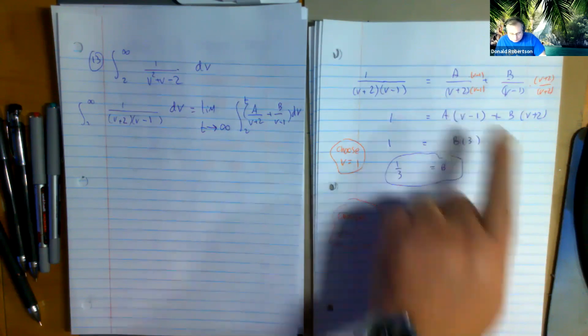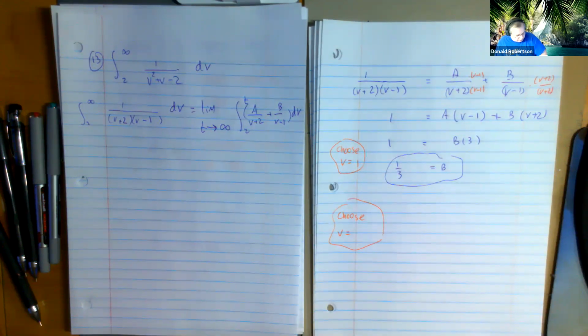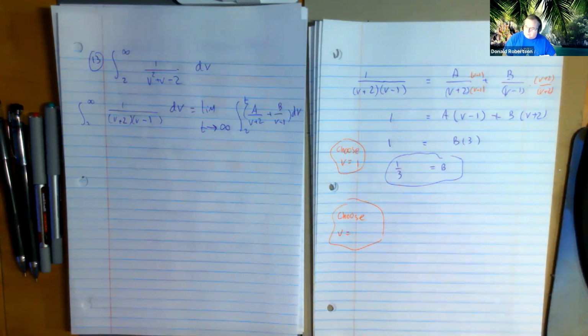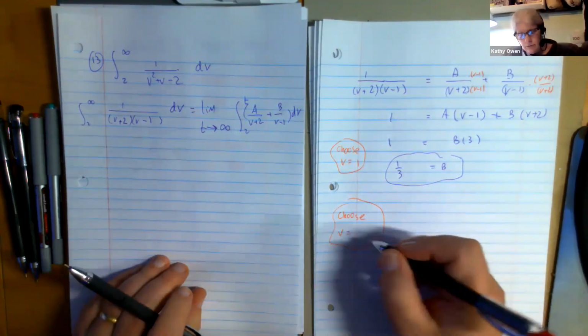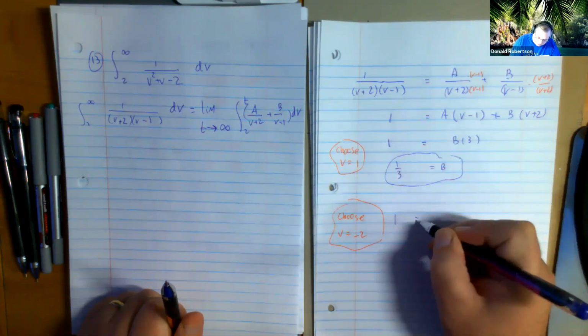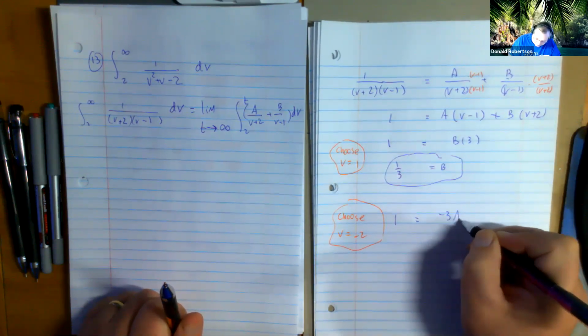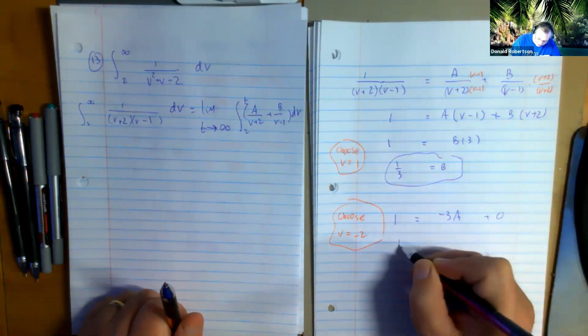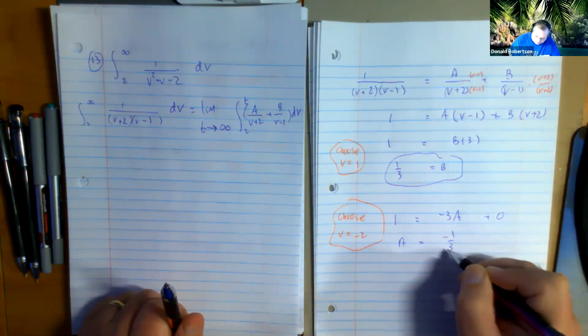We've done v equals 1. Who should I choose now? -2. Great. And if you do that, you get 1 again equals -3a plus 0. And that tells me a is -1/3.